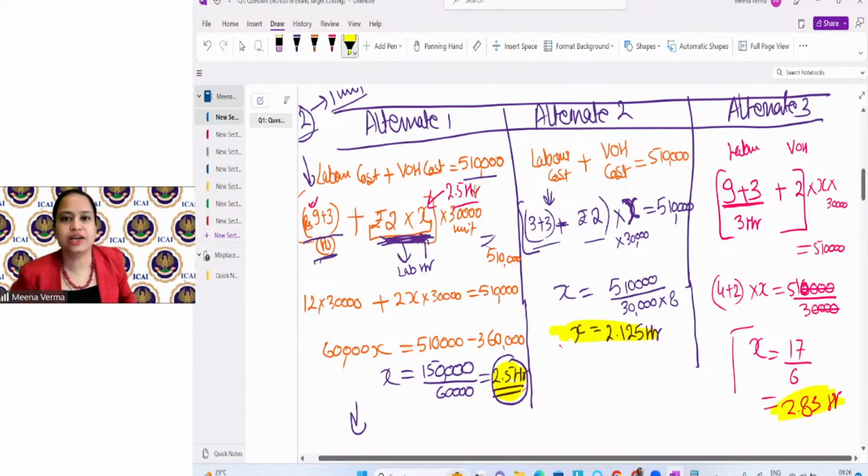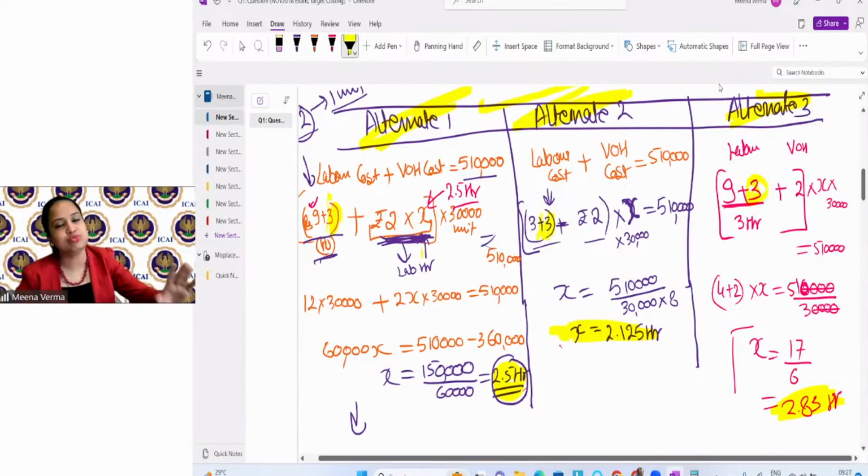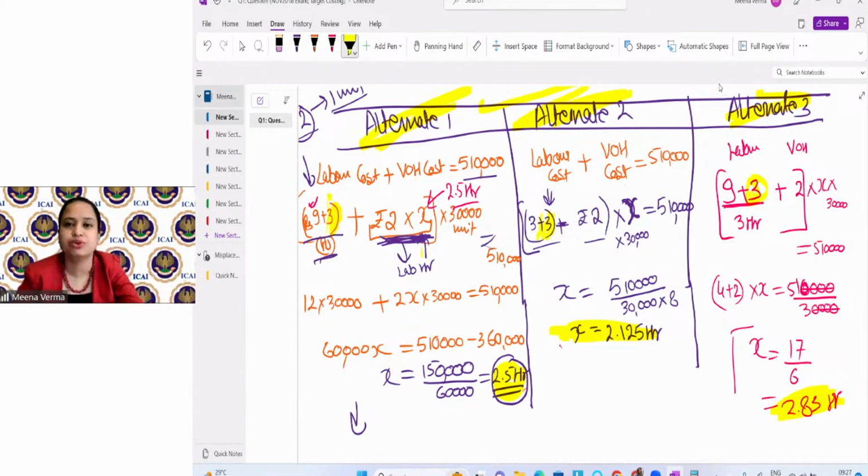So you can see why they have taken 3 alternates, because the question was not clear about how you are making this payment. 3 rupees is increasing, but how? Is it per unit that the amount is increasing, or per hour, is not clear. For that reason, they have taken 3 alternates. The assumptions are: we are making the payment to the labor on the basis of unit, or on the basis of labor hour, or that whatever total amount we are paying will be on labor hour.